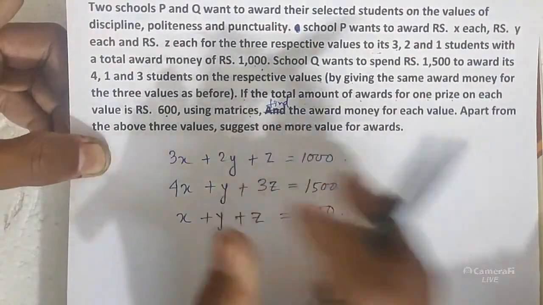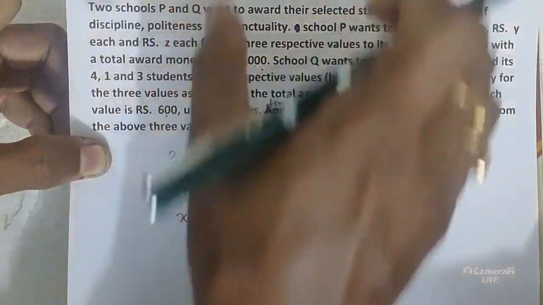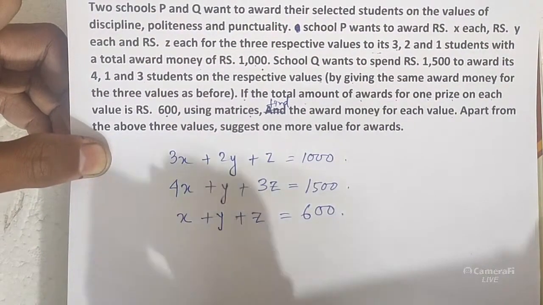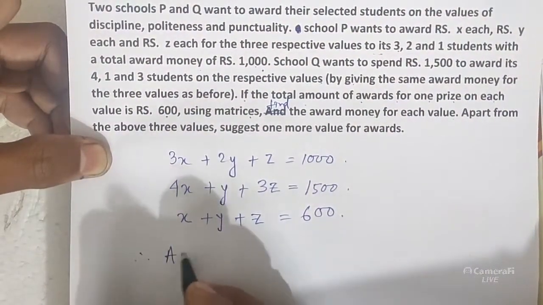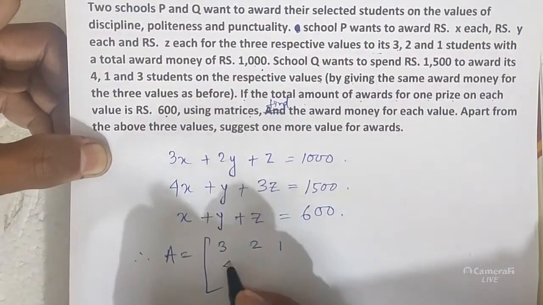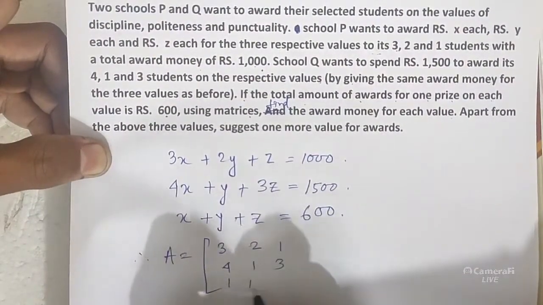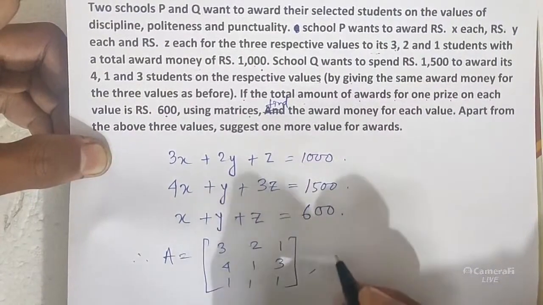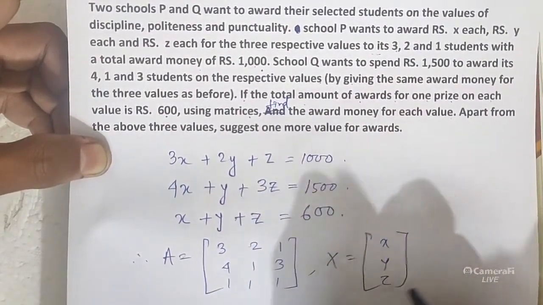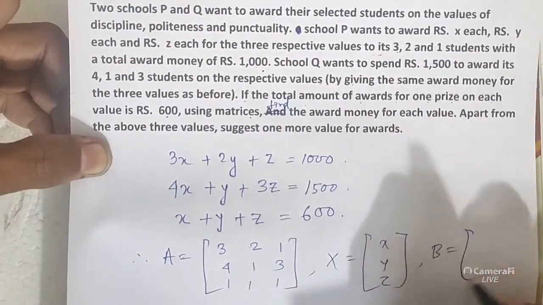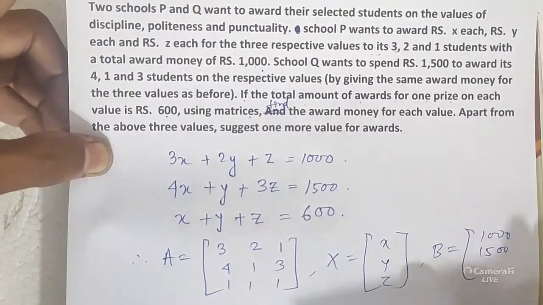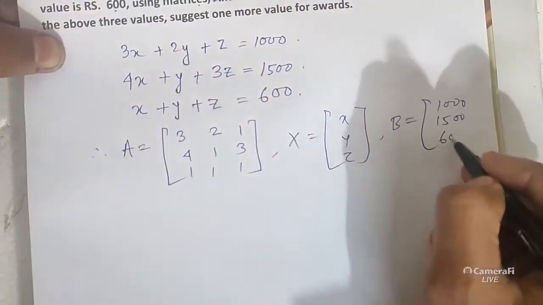In this way, first you have to form the equations by reading the question. Therefore, what will be the A matrix? A matrix will be 3, 2, 1, 4, 1, 3, 1, 1, 1. X equals x, y, z, and B equals 1000, 1500 and 600.